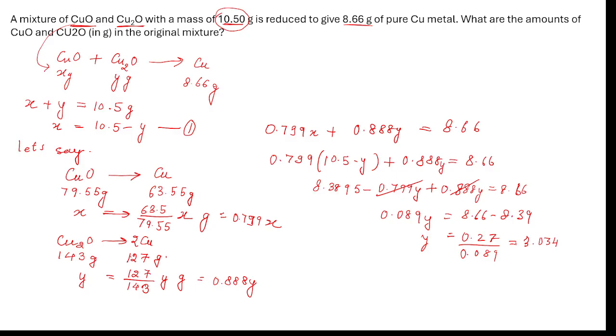3.034, and when you put this value of y in this equation 1, you are going to get the amount of x, 10.5 minus 3.034, which gives you 7.46 gram.